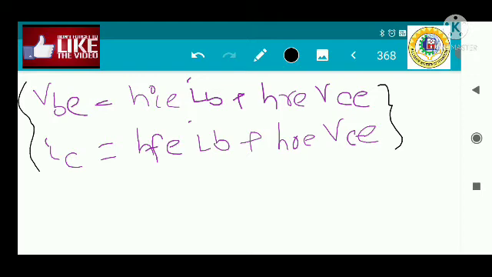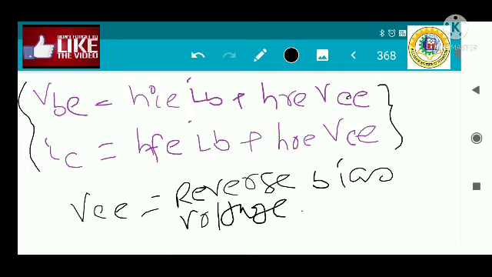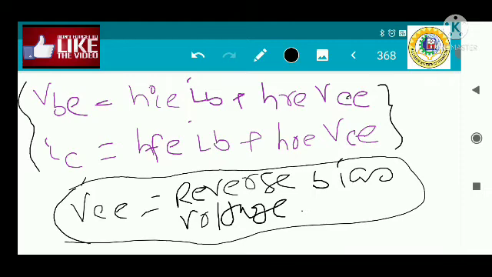Now here if we consider the two terms, you can see that VCE is the reverse bias voltage across the output terminal. So VCE is associated with the two parameters. First look that VCE is associated with this HRE and VCE is also associated with the HOE.